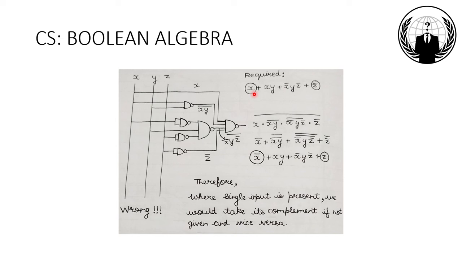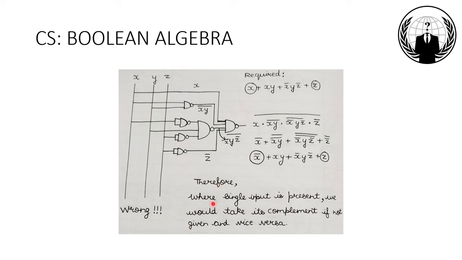So we can see that, in the question, the variables above which the complement is given, we are not getting it. And in this case, where a single input is present, we would be getting its complement where it is not mentioned in the question. So this is a wrong circuit diagram.